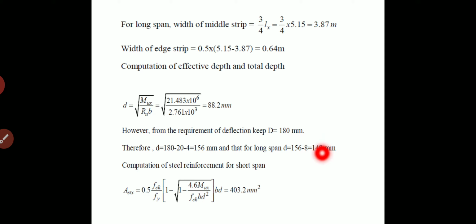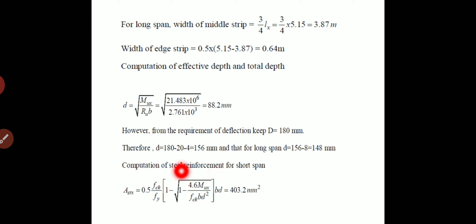Computation of steel reinforcement for short span. AST equals, for how to calculate steel reinforcement, this is the formula: AST equals 0.5 FCK upon Fy into 1 minus square root of 1 minus 4.6 MUX divided by FCK BD square, into BD.